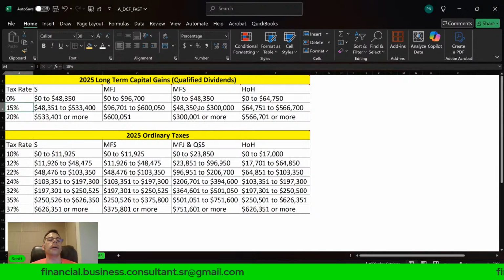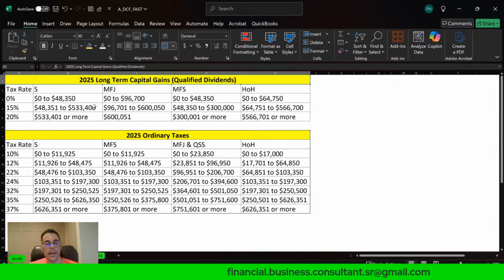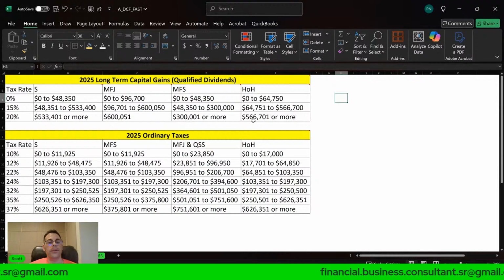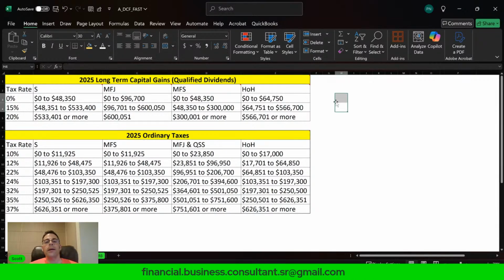So if you buy stock and you hold it for at least a year, and you sell it and you profit, then you pay long-term capital gains. If you sell it exactly after 1 year, you still have to pay ordinary taxes. It has to be more than a year, so exactly a year doesn't work.